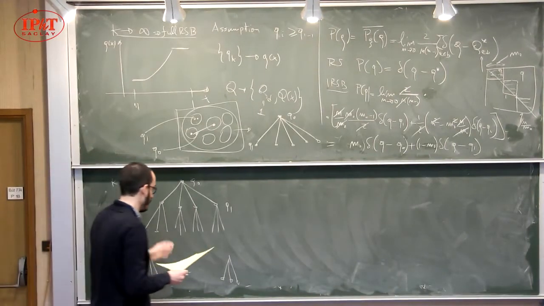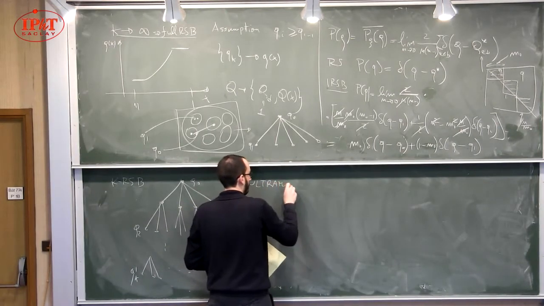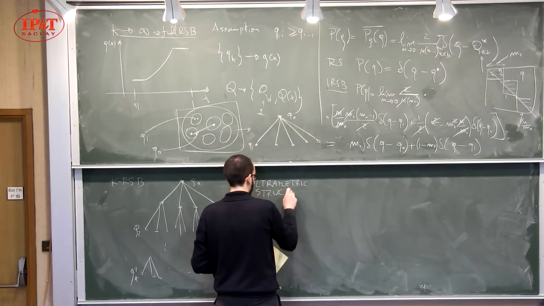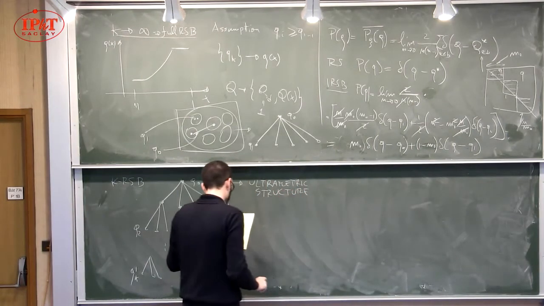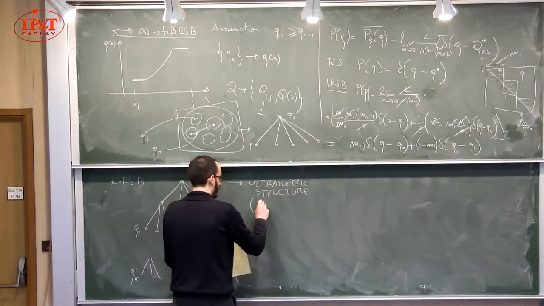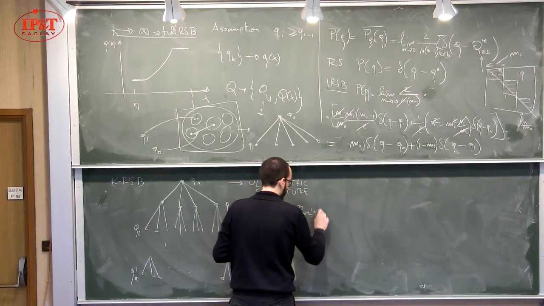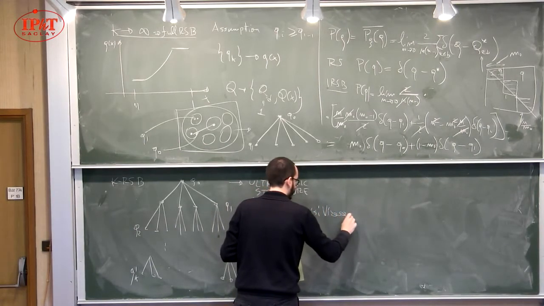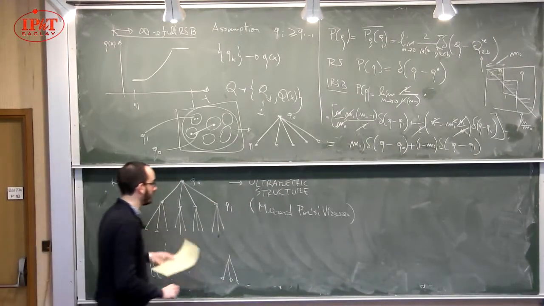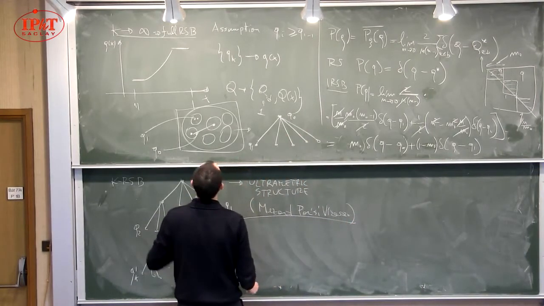So this structure is called ultrametric. And you can find a lot more in the book by Mézard, Parisi, and Virasoro. And now let me assume that K goes to infinity, and let me compute the P of Q. Maybe I'll do it there.